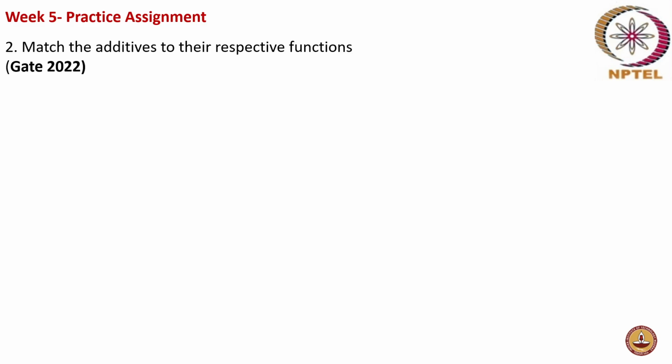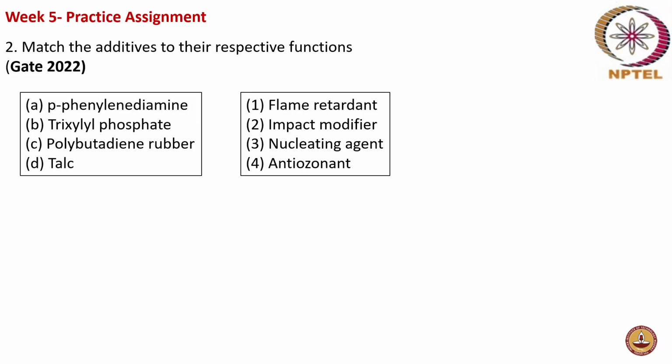Next question. Question number 2. Match the additives to their respective functions: paraphenylene diamine, tricresyl phosphate, polybutadiene rubber, talc. And the functions are flame retardant, impact modifier, nucleating agent, and anti-ozonant.